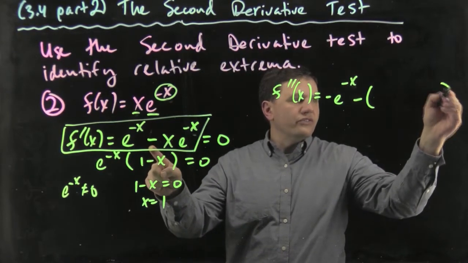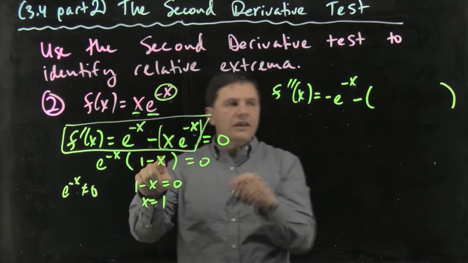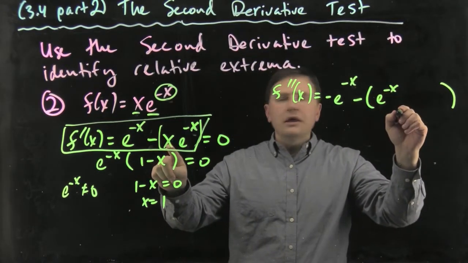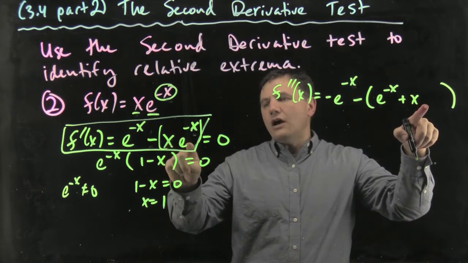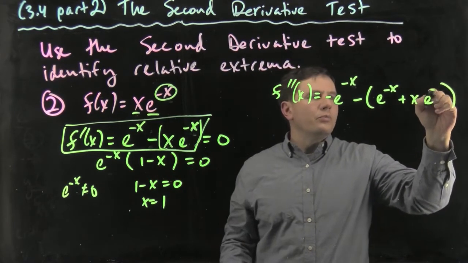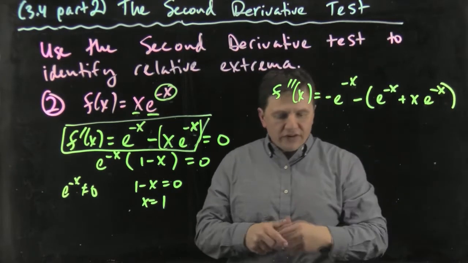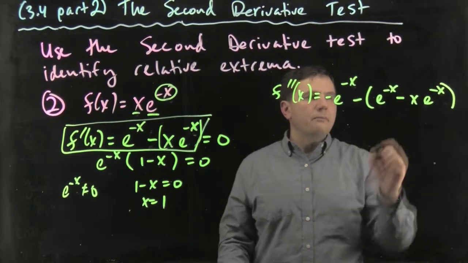So we'll deal with simplifying later. So let's just focus on this part. Let's take the derivative of that. Derivative of x is 1, copy down e to the negative x, plus copy down the x, the derivative of e to the blob will be e to the blob, and then the derivative of the blob will be -1, and then once again, that -1 is just going to change that to a minus.